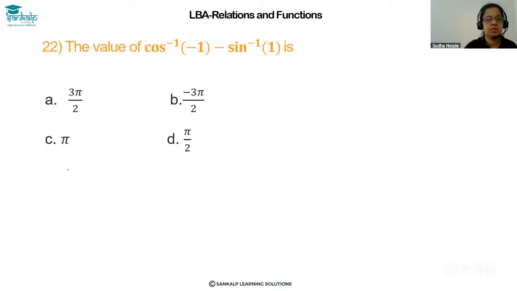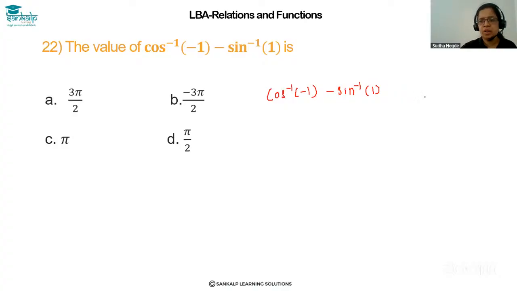Hi students, the question is: the value of cos inverse minus 1 minus sin inverse 1 is, option A 3 pi by 2, option B minus 3 pi by 2, option C pi, option D pi by 2. So cos inverse minus 1 minus sin inverse 1.